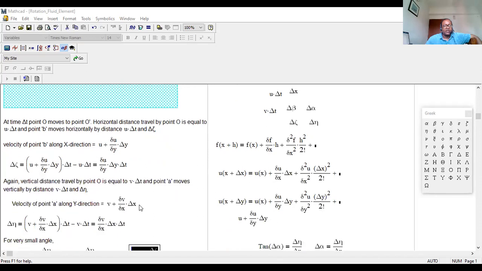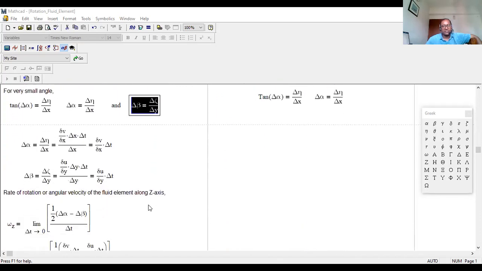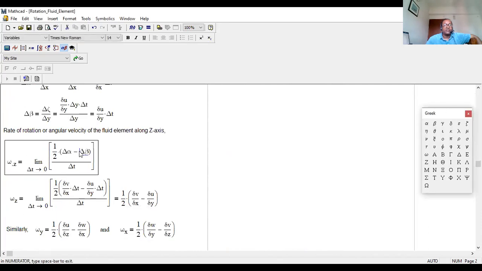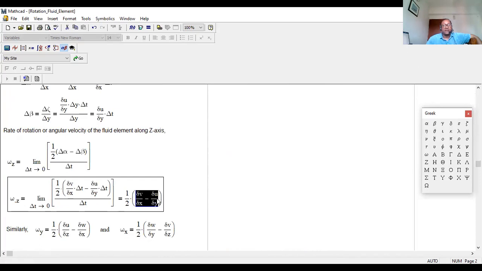And for that we will take the half average, the average of del alpha minus del beta. And finally, we will get del v by del x minus del u by del y. Now, you might have a question, why we do this. Because we have to keep similarity with the previous formula. If you figure out the rotation along the z-axis, that will be 2 into omega z, like 2 into angular velocity equal to vorticity.